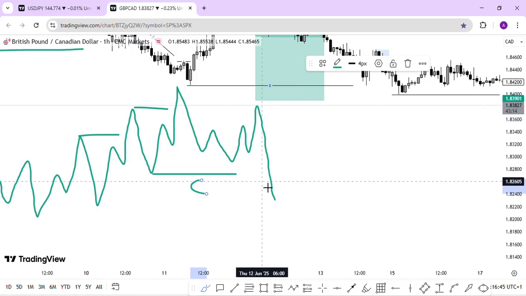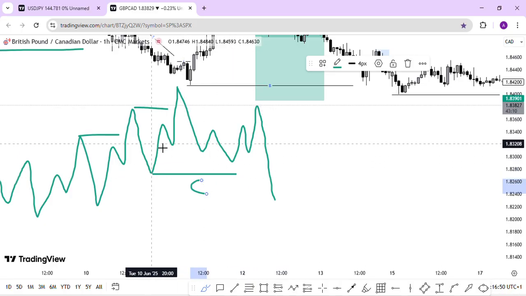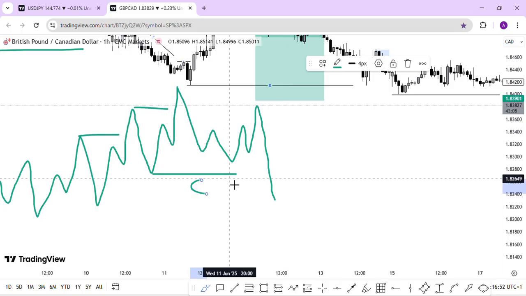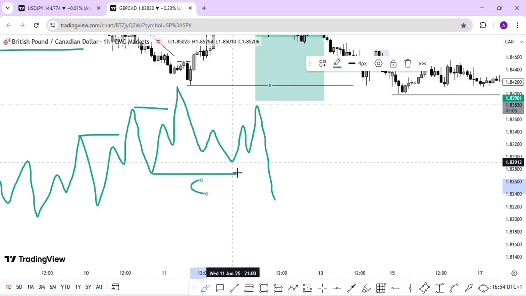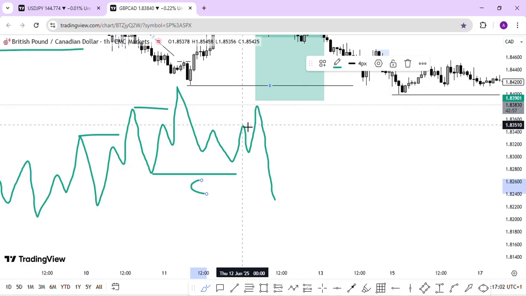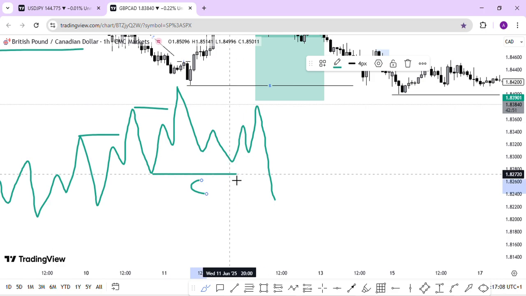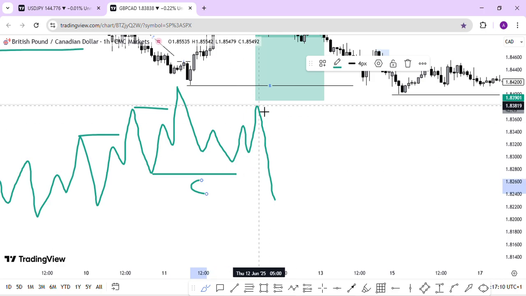In this situation, I explained that when you have a CHoCH or a recent break of structure, the first thing you need to look for is the last pullback or last swing high like this. If you look at this, we have high, low, low, high, and at the end of the day that we broke this level, this was the last pullback that the market created to the upside.